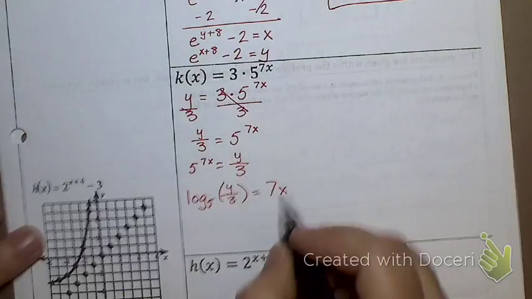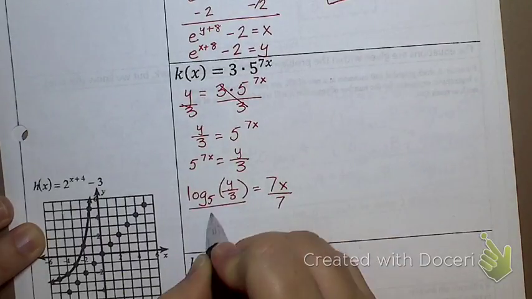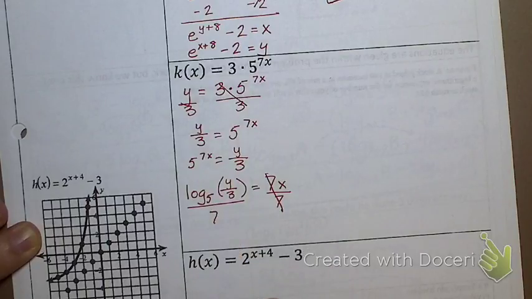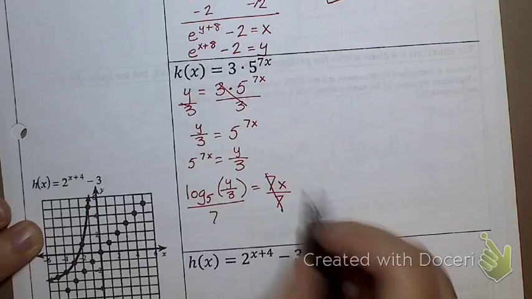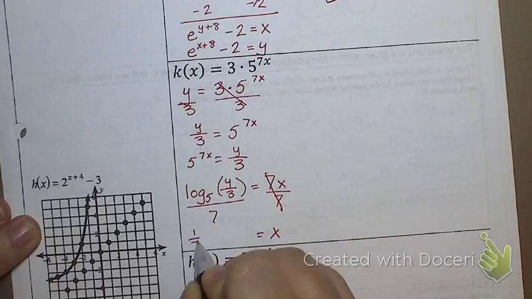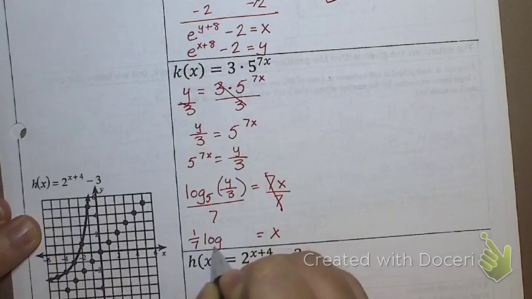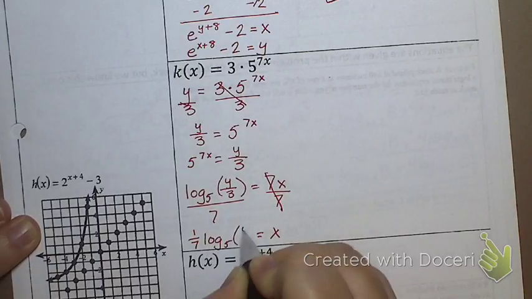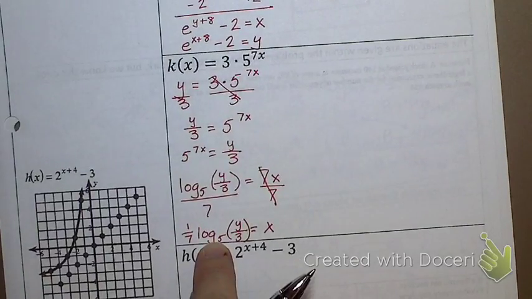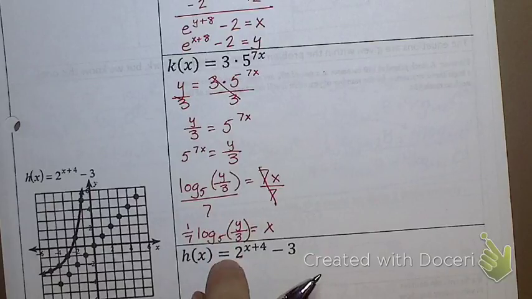I can either divide by 7 like this, and I have this big fraction right here, or what else can I do? I could say that dividing by 7 is the same thing as multiplying by 1/7. Does that make sense? This is a little easier to write, I think, so I'm going to go with this one. Both are correct, though.